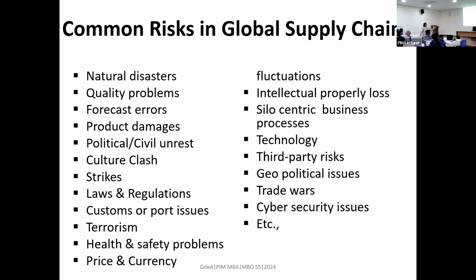So these are some of the common global supply chain risks. Is anything very strange to you in this list? It's not an exhaustive list, but these are things that can happen, right? You have disasters, quite common now, political unrest, we've seen already, and forecasting error.